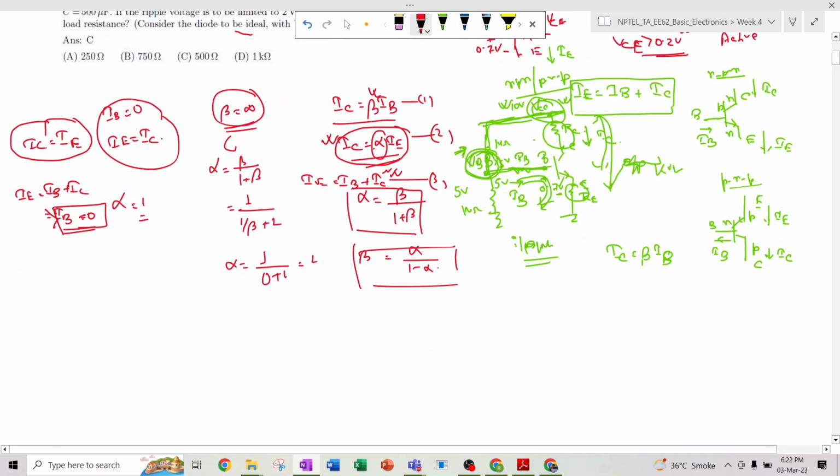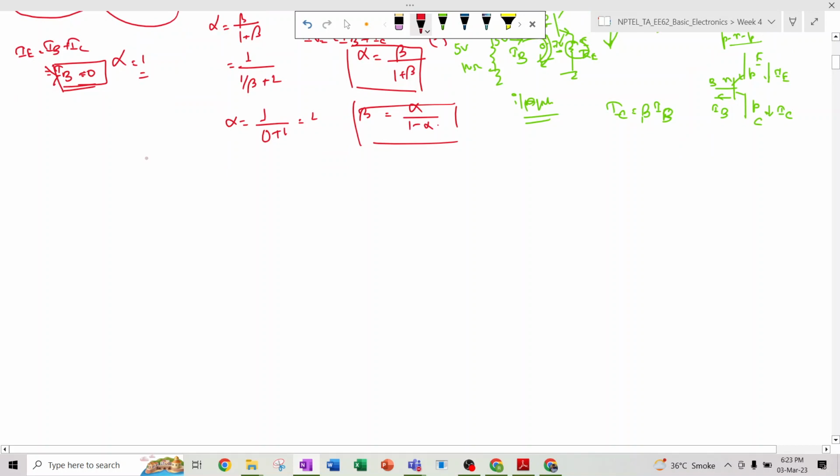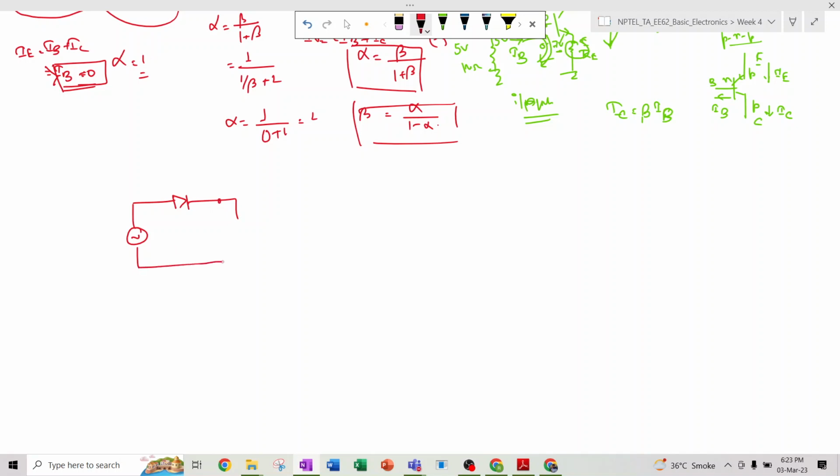So at first I am drawing the rectifier. Suppose this is the thing, and there we are applying a capacitor and also we have some resistor. And this is some diode and this is the source, suppose V in.